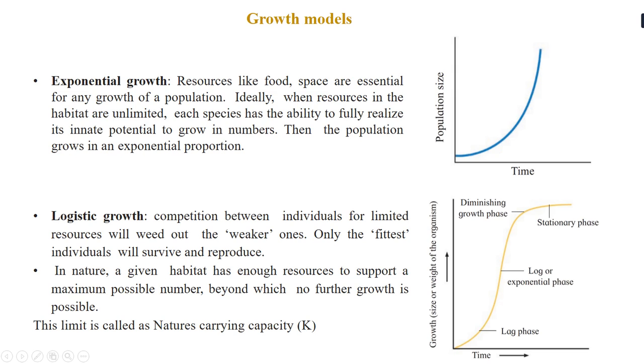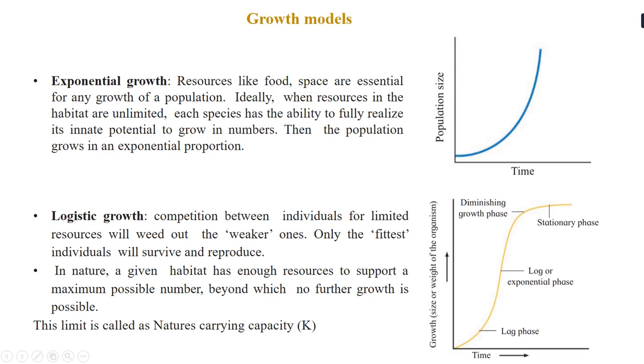And then comes the deceleration phase when the population reaches the carrying capacity of the nature. That means this is the maximum carrying capacity of the nature, and beyond this the nature cannot carry. Okay, this is known as the stationary phase.